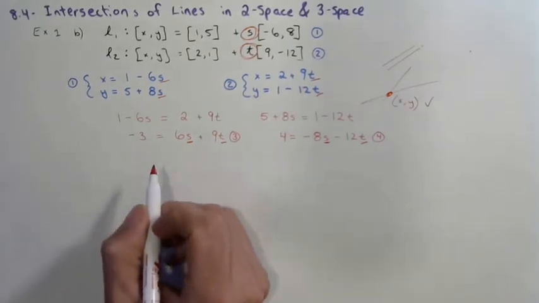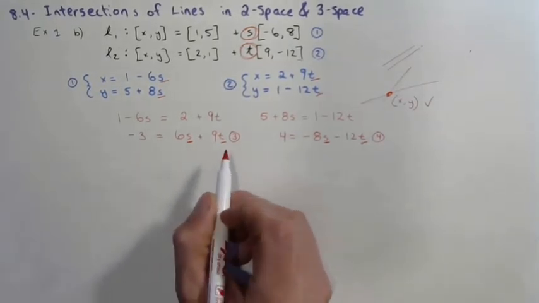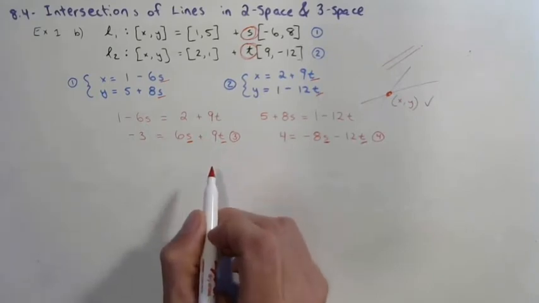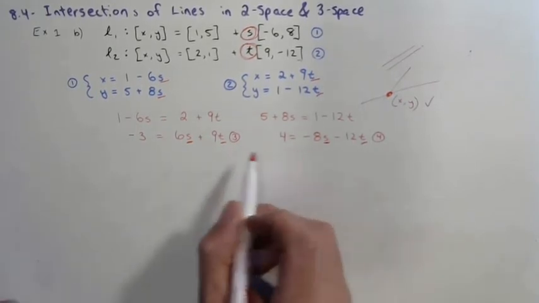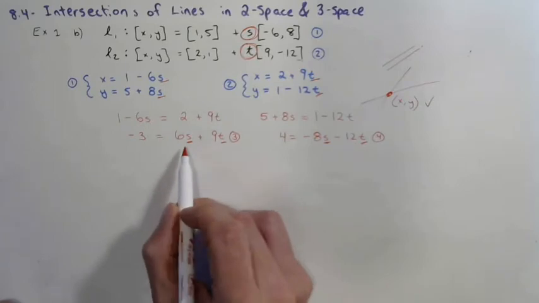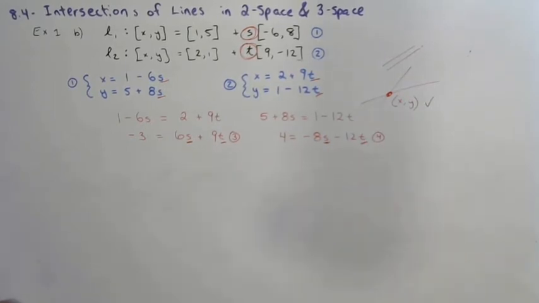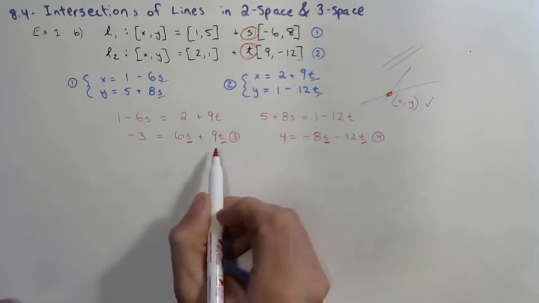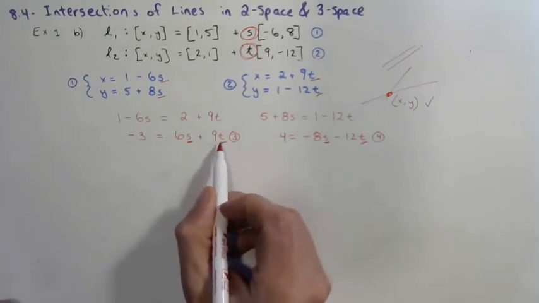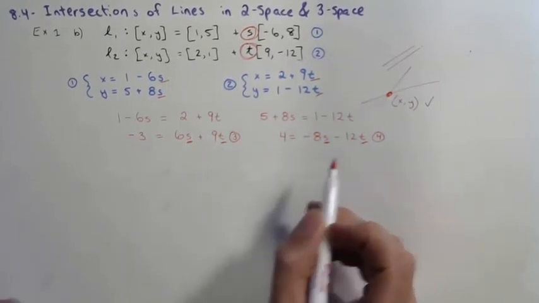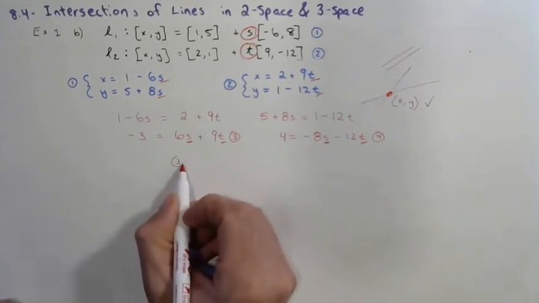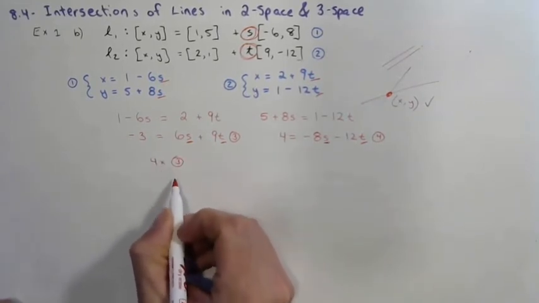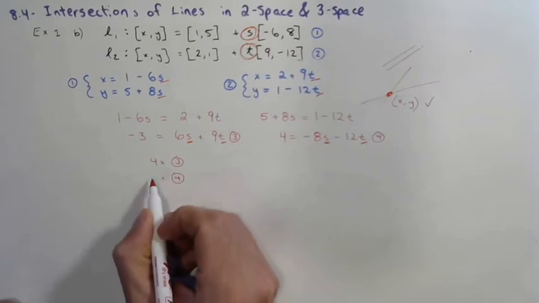Here we go. We're going to put them on top of each other, and we're going to use substitution or elimination. In this case, it looks like I'm going to use elimination because I don't have any of these variables with a coefficient of 1. So I'm going to make these equal each other. I'm seeing that my t coefficient is 9 here and 12 there. So I'm going to take equation 3 and multiply it by 4. Then I'm going to take equation 4, multiply it by 3.